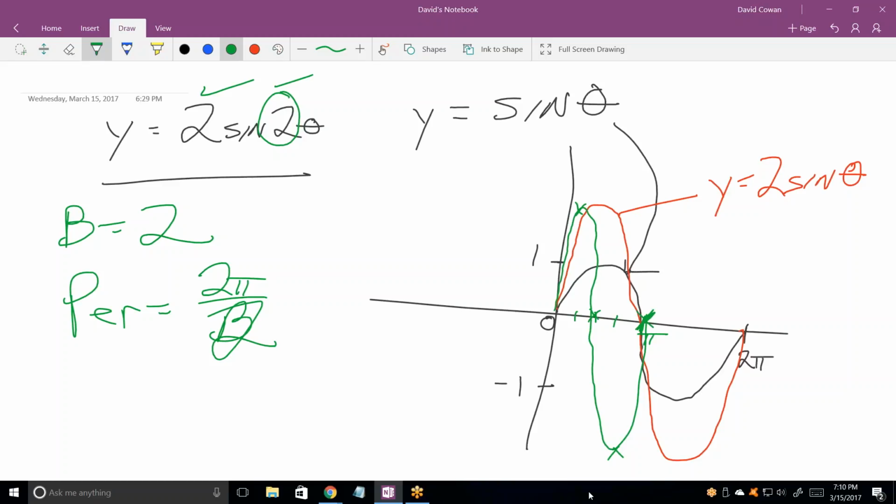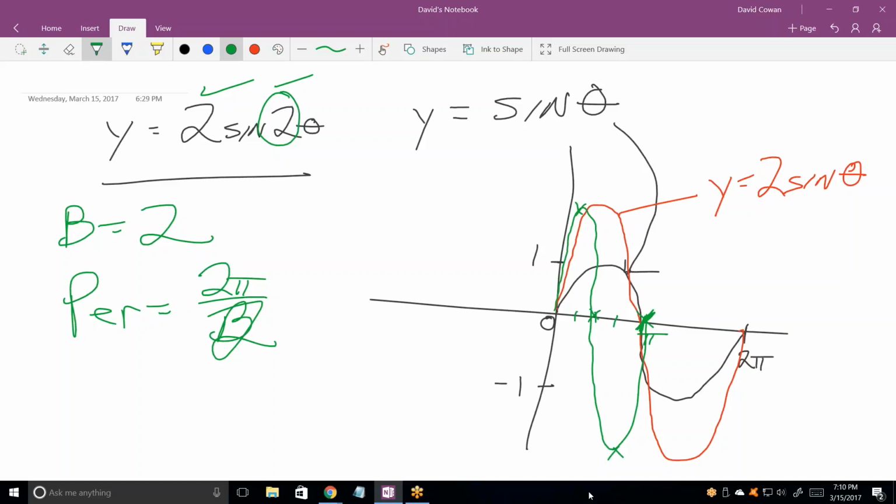If it's a number between 0 and 1, it's a vertical shrink. If the number in front of x or theta is greater than 1, it's not a horizontal stretch, it's a horizontal shrink. And if this number is between 0 and 1, it's a horizontal stretch.